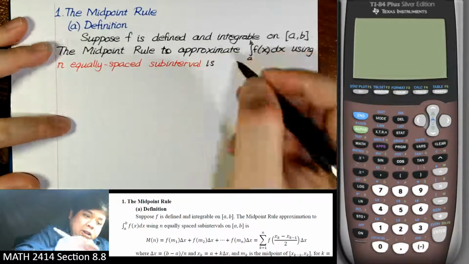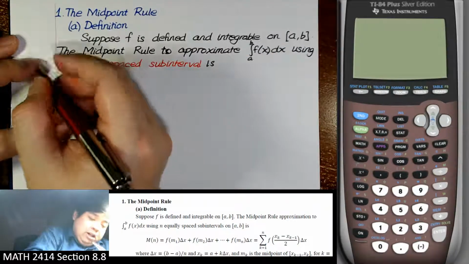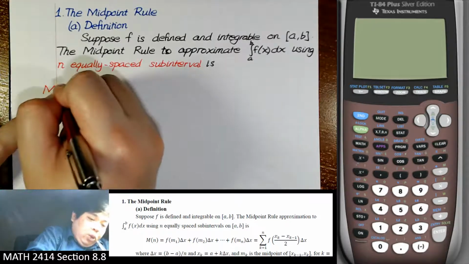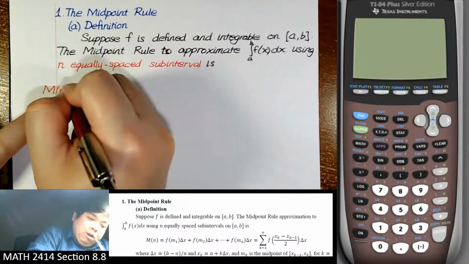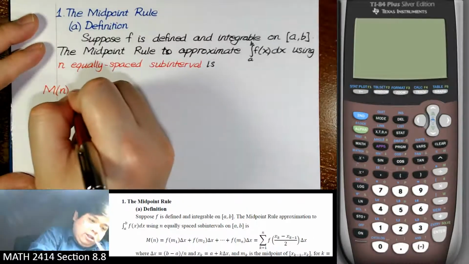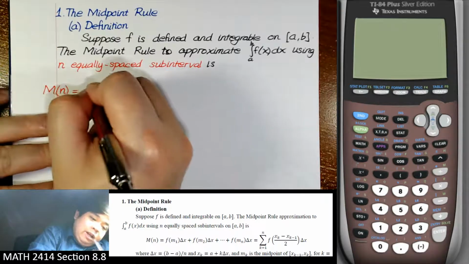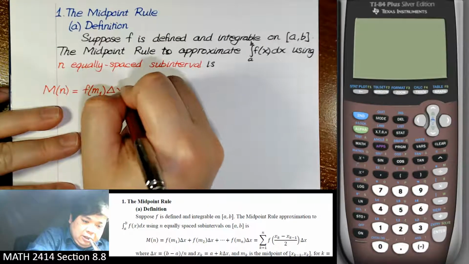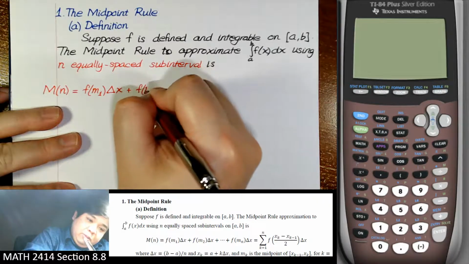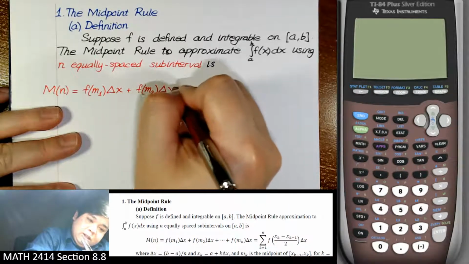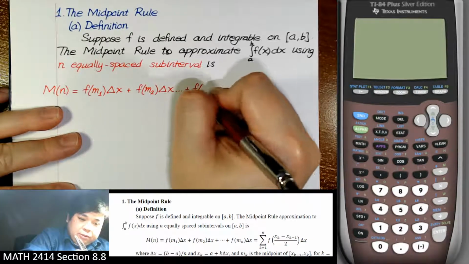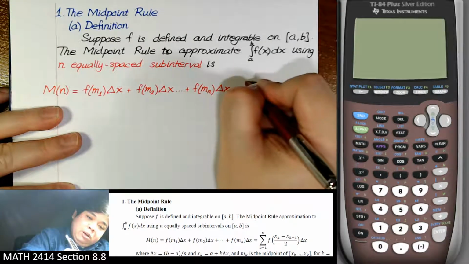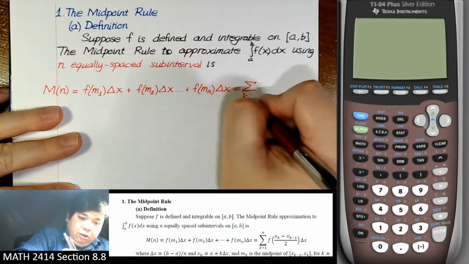We have the formula for this, the midpoint rule, characterized by M, using n number of rectangles or subintervals, equal to the first midpoint times delta x, the second midpoint times delta x, on the way to the last midpoint times delta x, or in terms of summation from 1 to n.